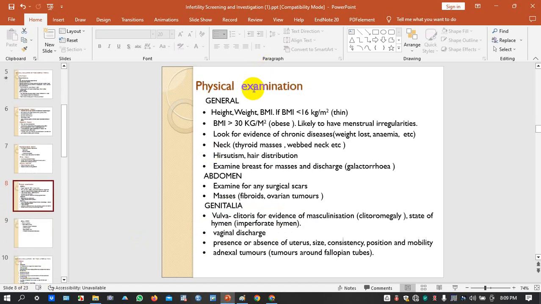Physical examination. For physical examination, we look at your anthropometrics. That's your height and your weight, which will lead to BMI calculation. If your BMI is less than 16 kilograms per meter squared, that means you are too thin, you are underweight, and it affects your fertility. If you are overweight or obese, you are likely to have menstrual irregularities.